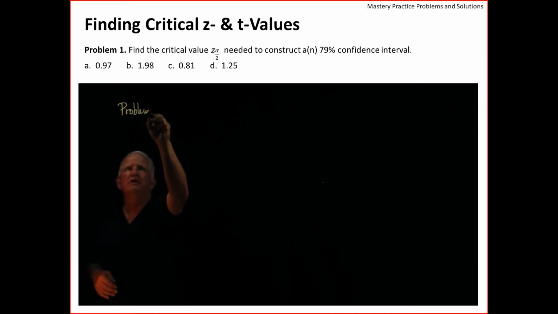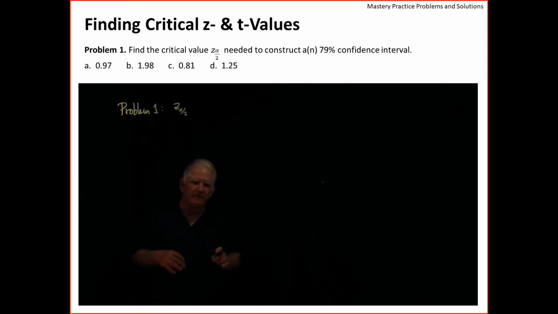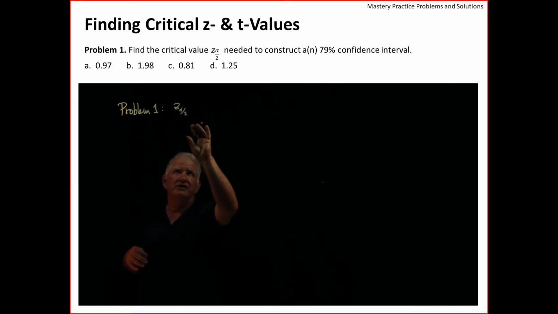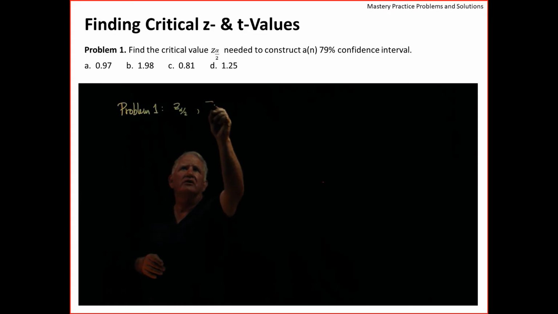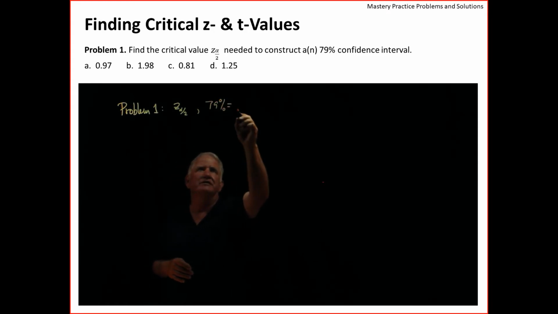So problem one has you calculate a z-value, so that's telling you that you're using a normal distribution. The nomenclature says z sub alpha over 2. We'll see where that comes from in just a second. And in this case, they want you to calculate that for a 79% confidence level.